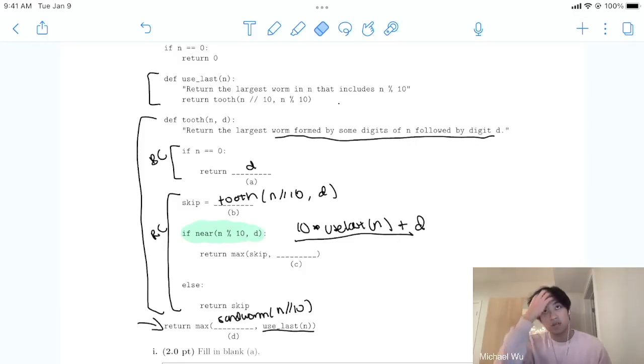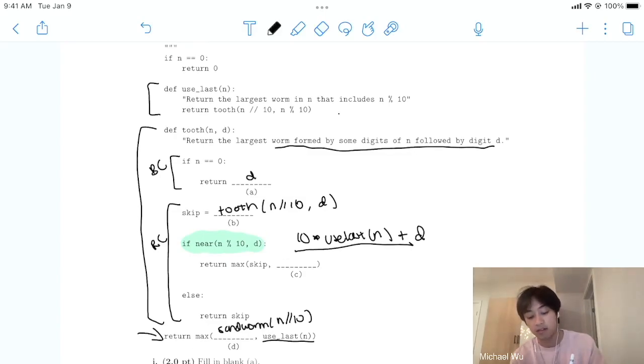So those were all of the blanks that we had to fill in for this problem, but since this is a pretty complicated problem, I thought I would now go over some of the most common misconceptions. So first, why is it possible that we can split this up between using the last digit of n and not using the last digit, right?